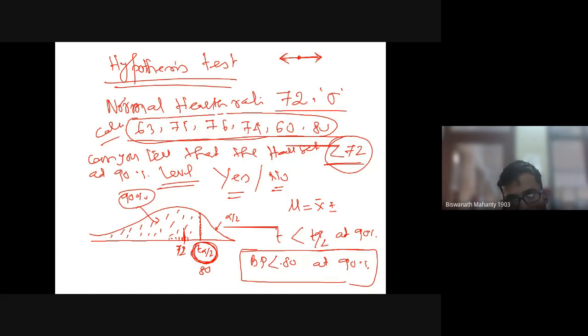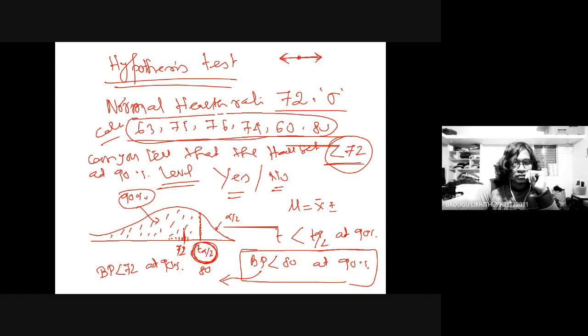That I know. But I asked about less than 72 also. So is it possible that if for some population I can say at 90% guarantee it is less than 80, can I say at the same time that BP is less than 72 at 90% guarantee? Can I say? Yes or no?